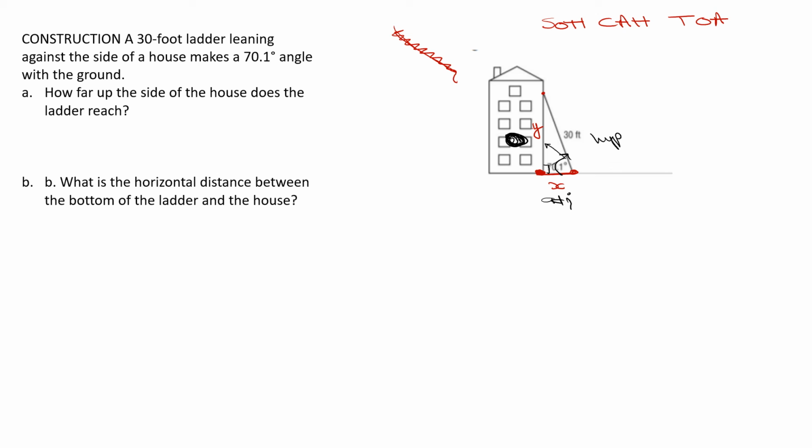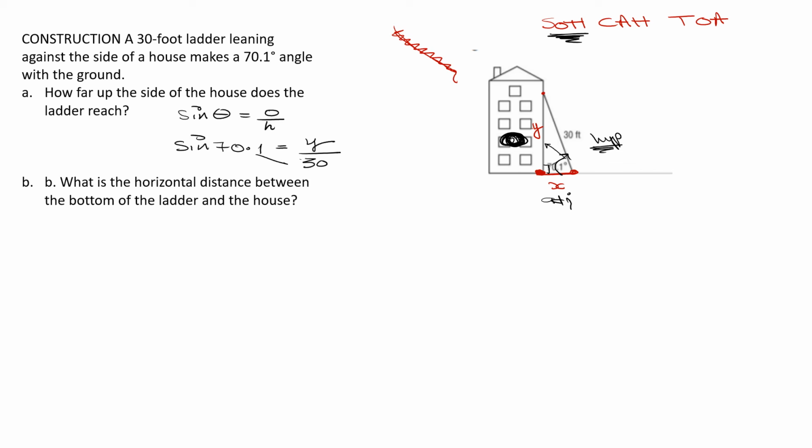So when I need to find y, I will use my opposite and hypotenuse formula, because hypotenuse is given to me, the opposite side is y which I need to find, and the angle is given. So sine theta equals opposite over hypotenuse. In place of theta I write the given value, 70.1 degrees, equals opposite, which I don't know, that is y, over hypotenuse, which is given as 30 feet.